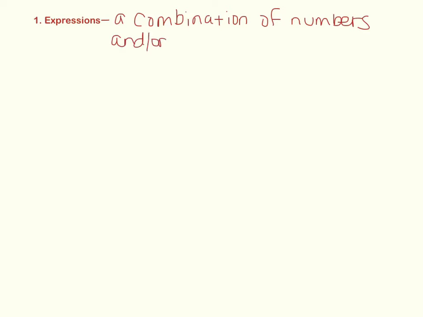We're going to start first with an expression. You can write this in the notes part of your notebook. An expression is a combination of numbers and, or I guess, variables joined by operation symbols.